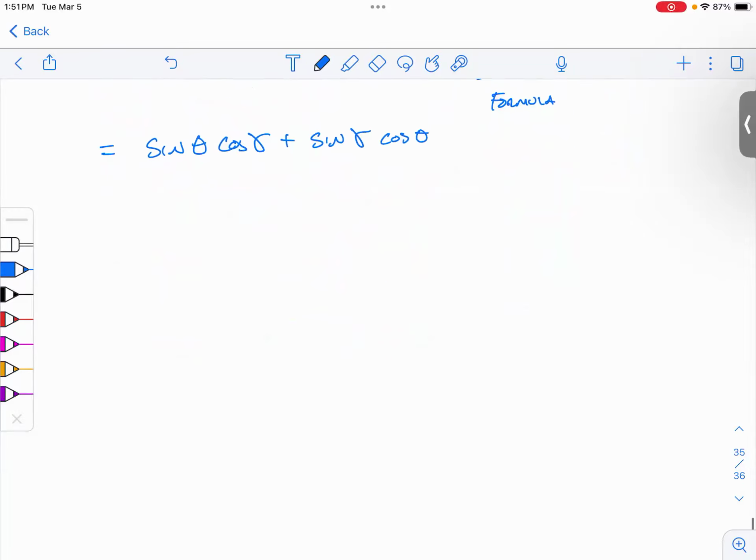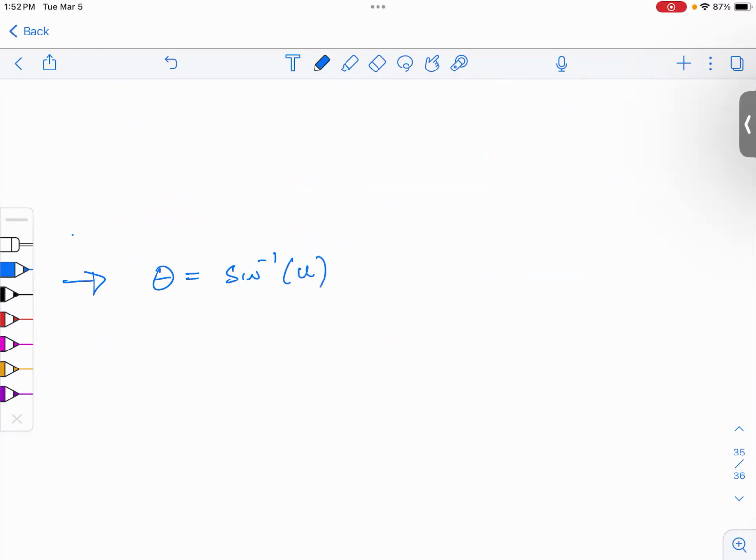In order to do that, let's go back to our triangles. We have theta equals sine inverse of u. Take the sine of both sides. That means sine theta equals u.